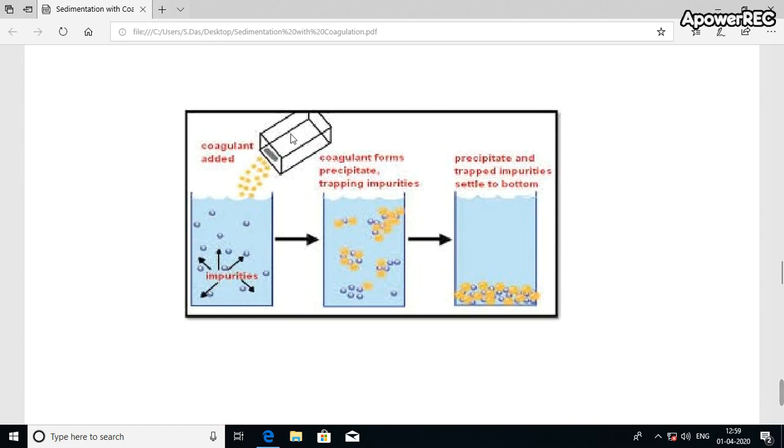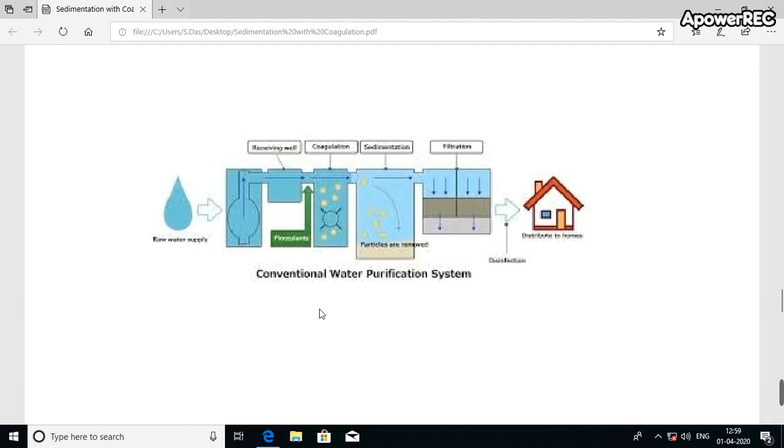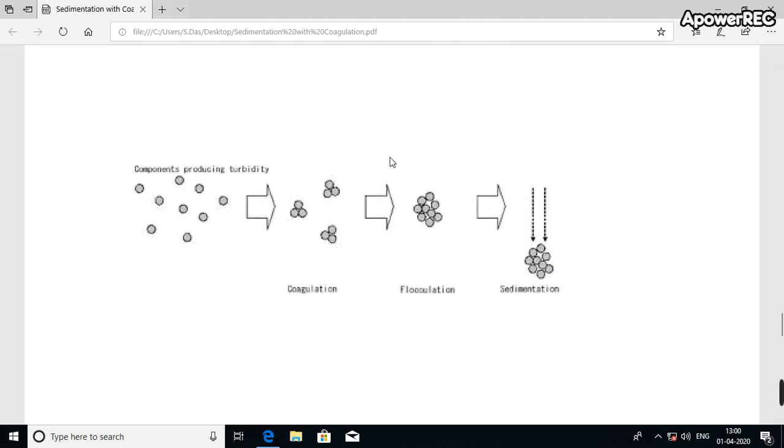After adding some coagulants, they will produce neutralized charged particles, and they will settle at the bottom. In most cases, in conventional purification systems, we do coagulation and sedimentation simultaneously.